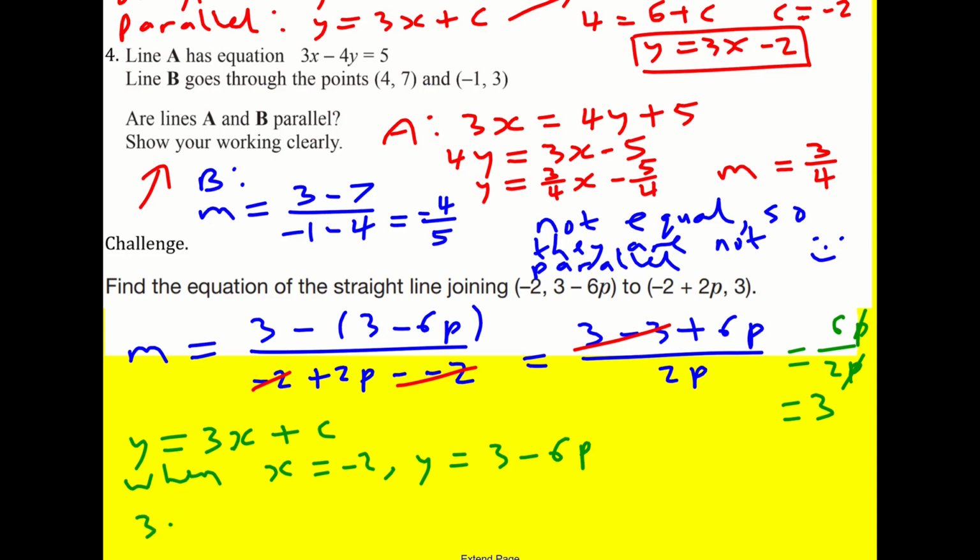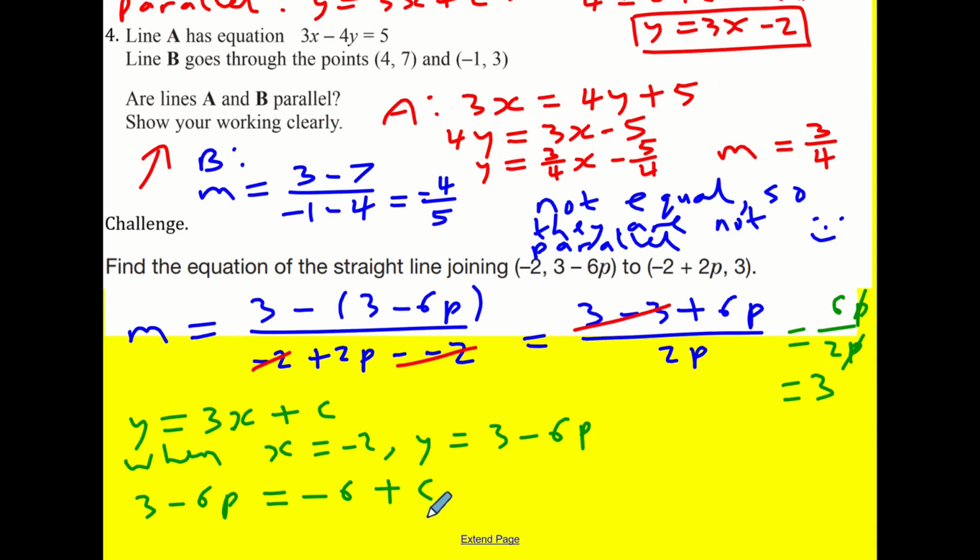So I can put that in. 3 minus 6p equals minus 6 plus c. And that means that c is going to equal 9 minus 6p.